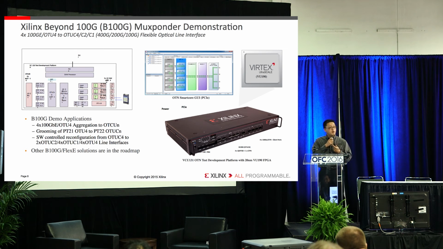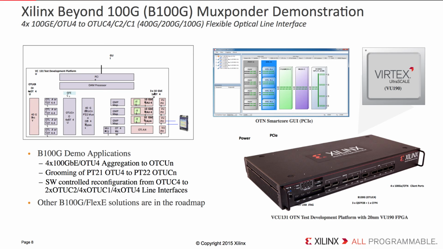So this is the demo that is available today. On the right-hand side, this is what I call clients. Okay, so it's 100 gig Ethernet or a client OTU4, a gray color OTU4. And then on the left-hand side, this is the OTUCn.